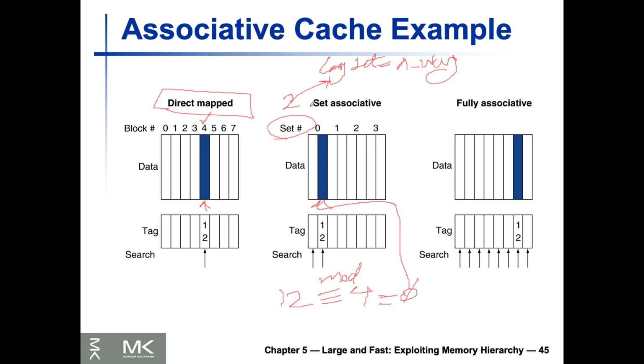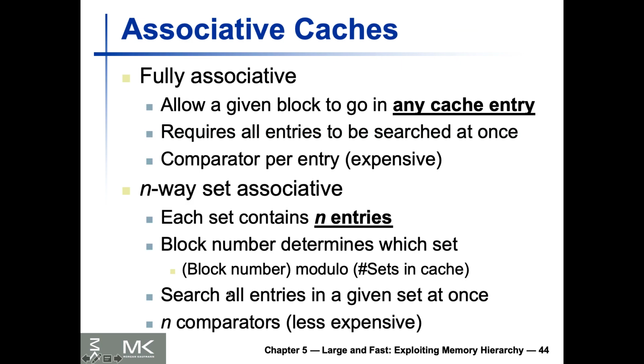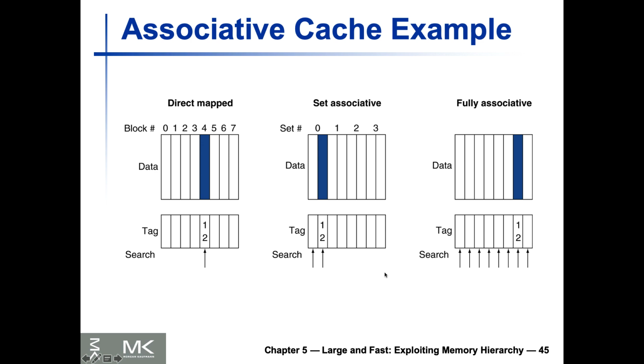As I mentioned here, the block number modulo the number of sets defines which set we place the cache block in. So it's 12 mod 4, which is 0. So this value should be placed in set number 0 of this set associative cache.